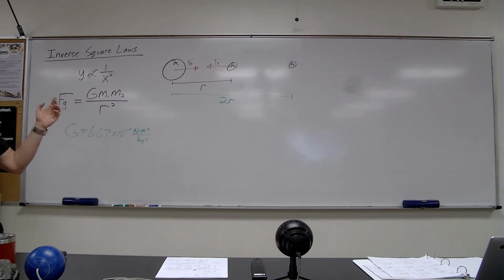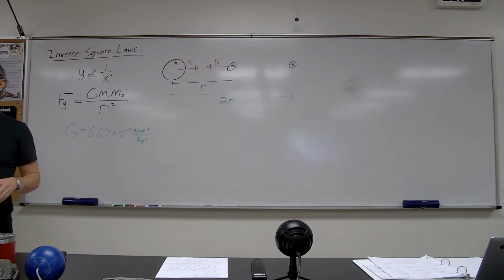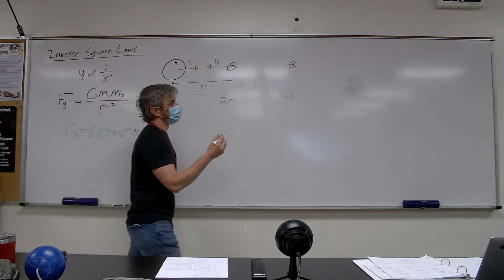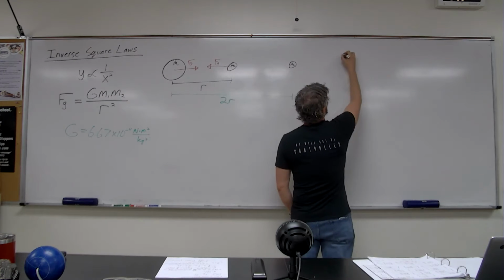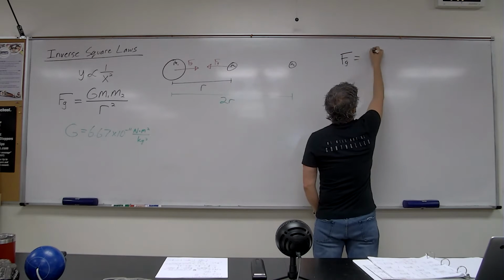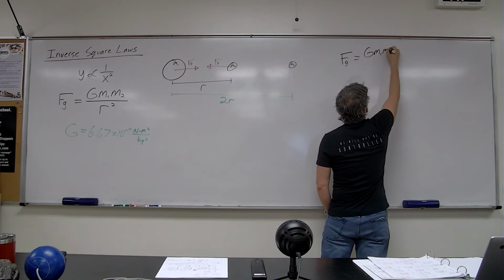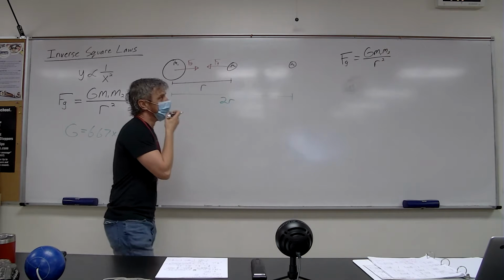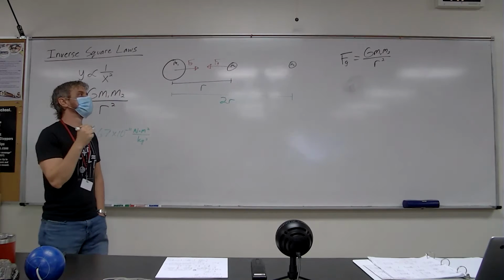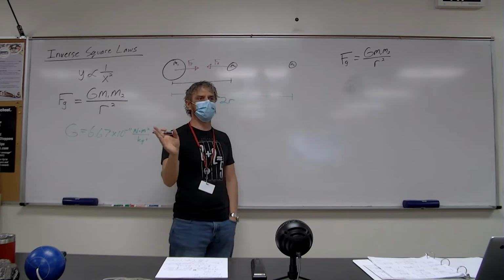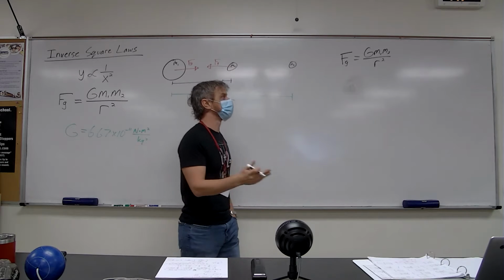And whenever the problems get more complicated, the specific type of problem I'm talking about, you got to do it the long way. Okay. So doing it the long way, I would say, okay, my original gravitational force I know is given by Newton's law of universal gravitation, which is this. Now, a lot of textbooks and a lot of notes that you'll see, a lot of example problems will use this notation.